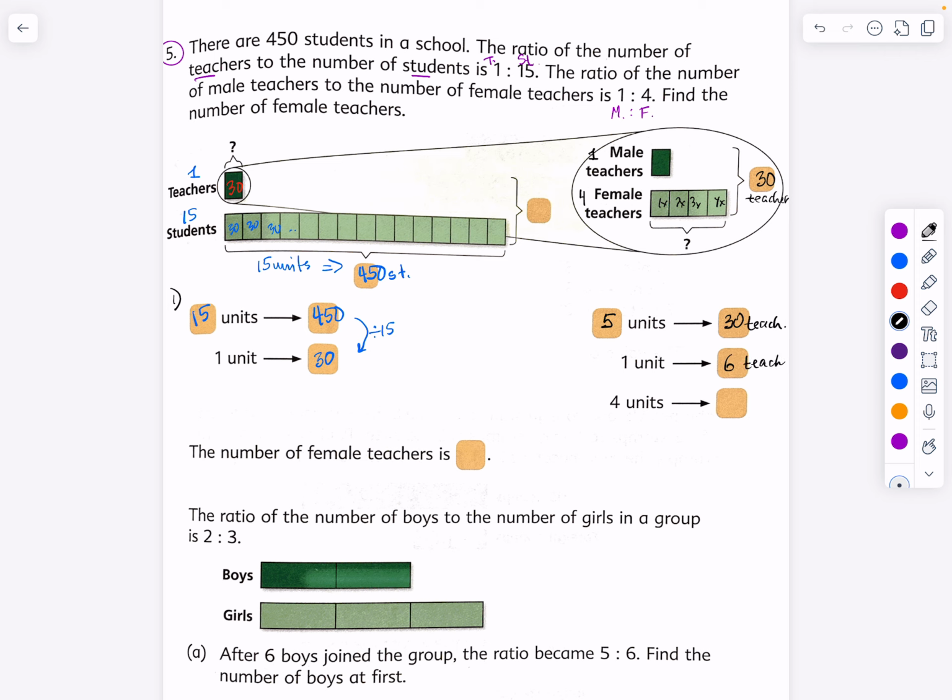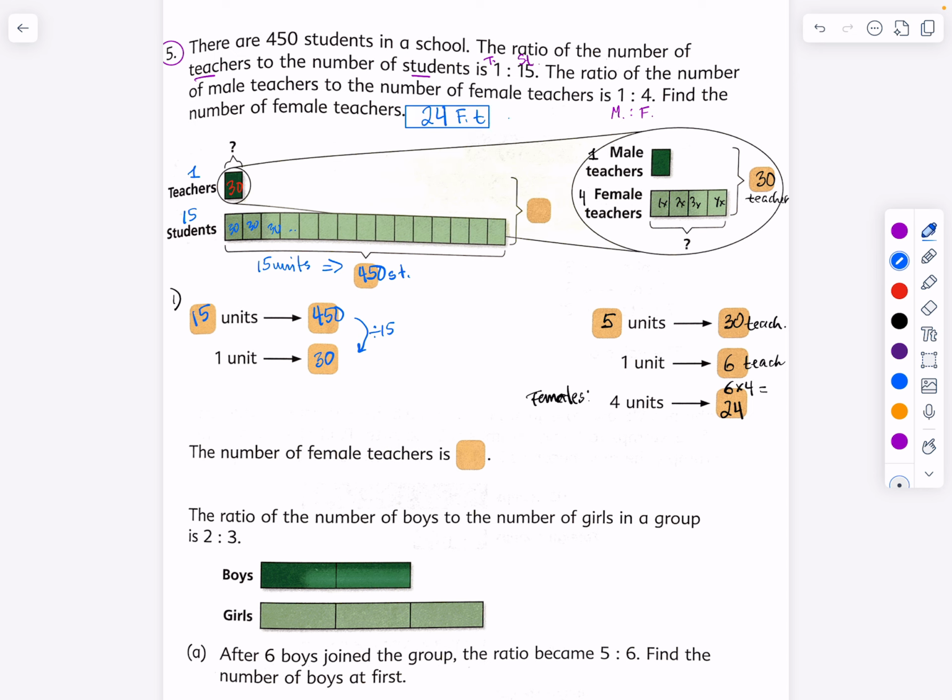Now, in order to find out female teachers, so now female teachers, right? There are more of them, female teachers. 4 units is 6 times 4 equals 24 female teachers. The answer to this problem is 24 female teachers.